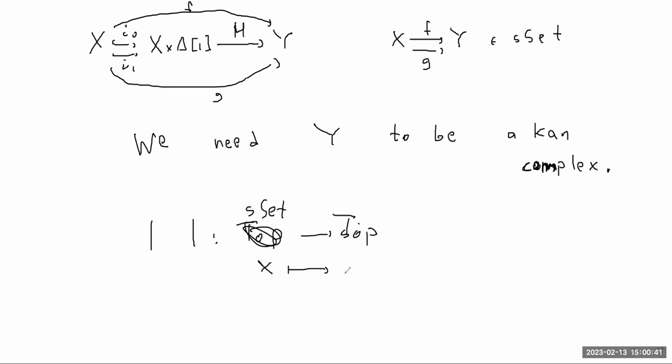If I have X, I get a CW complex. And now by moving by the singular functor from topological spaces to simplicial sets, we get a Kan complex, okay? The singular complex of a topological space is a Kan complex.